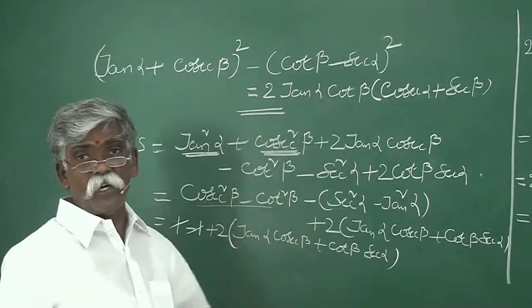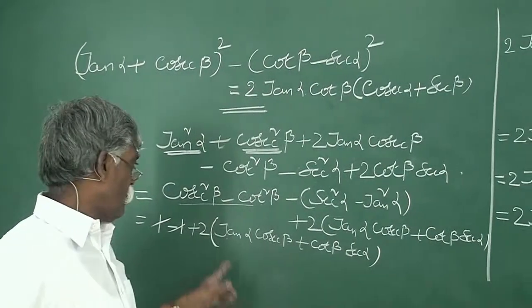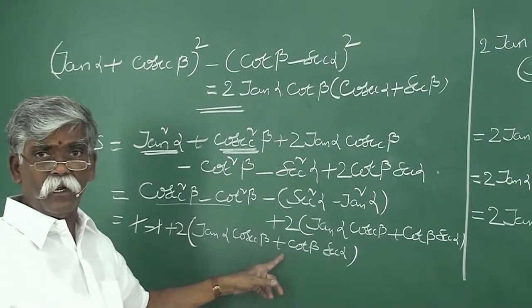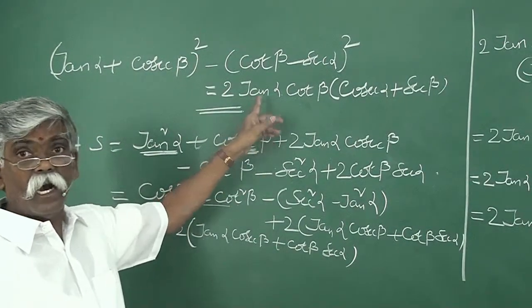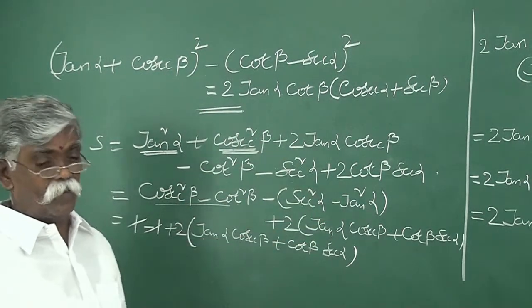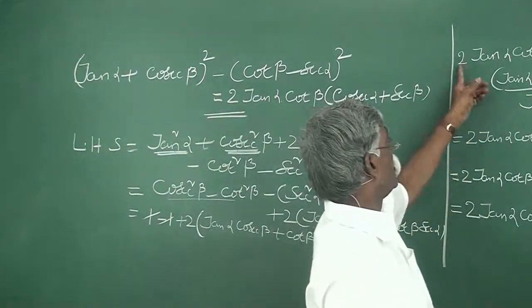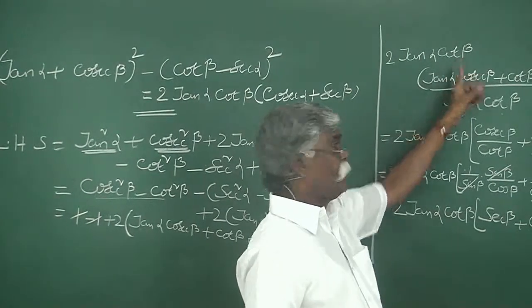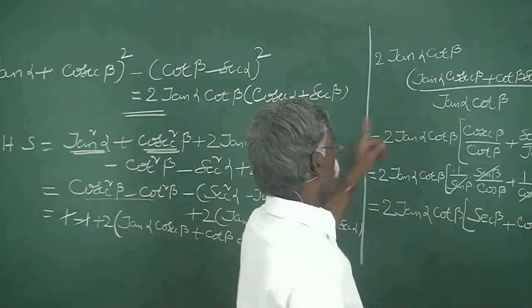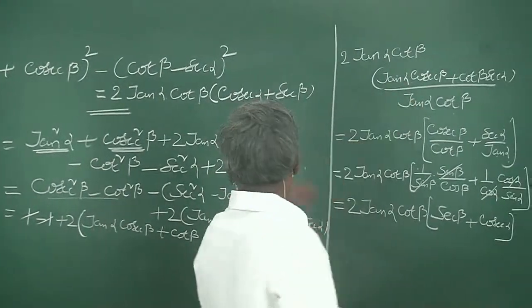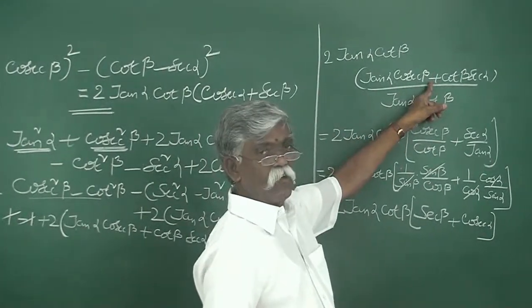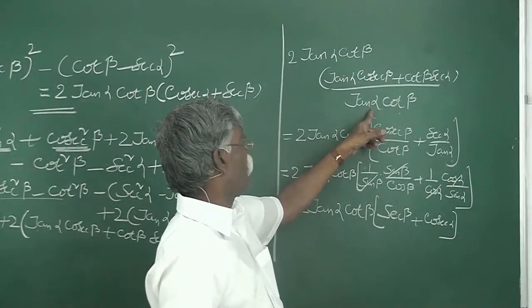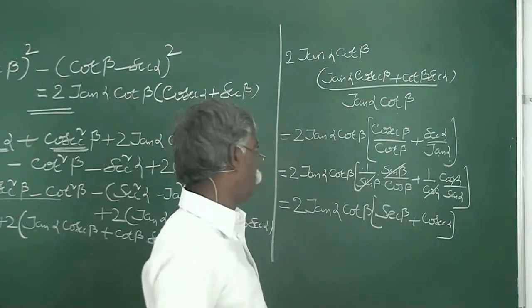Here it is tan alpha into cot beta is there. Therefore we are multiplying this answer by tan alpha cot beta and dividing it by tan alpha cot beta. Therefore 2 into tan alpha cot beta, and the remaining part tan alpha cosecant beta plus cot beta secant alpha is divided by tan alpha cot beta.